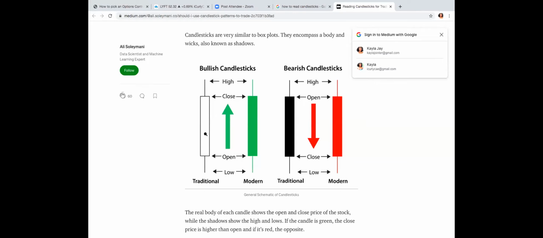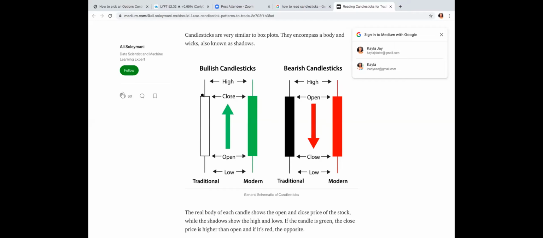If you keep in mind that the price has to go up, then wherever it closed at the top is going to be the close of the candle, and that's your bullish candle, right? Because the candle is actually going up. Your wick is going to be the high. That basically means at some point during the time of this particular candle, it reached this high, but it failed to close at that high.